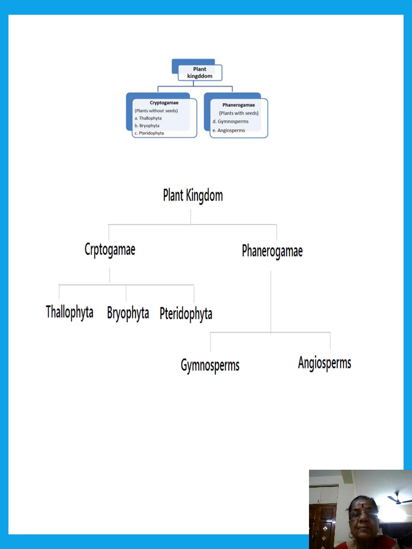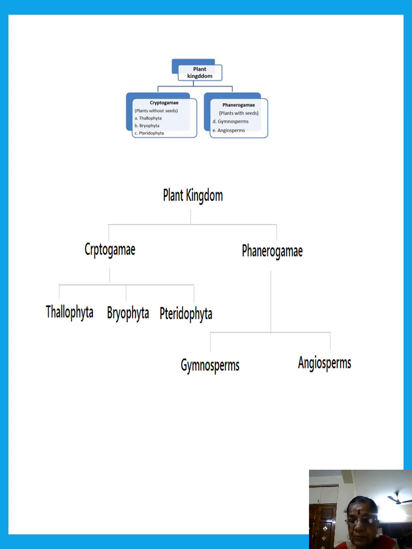Are you clear? Under cryptogamy, we have Thallophyta, Bryophyta, Pteridophyta. This is non-flowering, and seed will not be present. So I repeat, cryptogamy is classified into Thallophyta, Bryophyta and Pteridophyta.